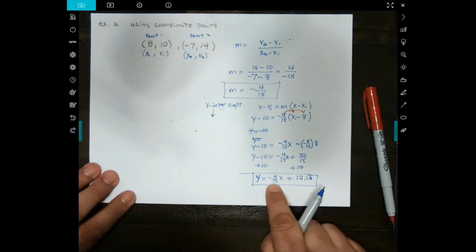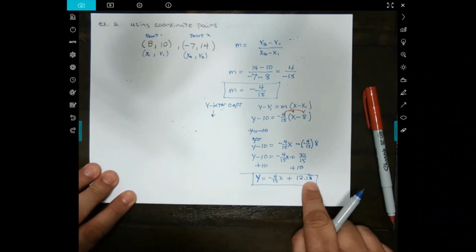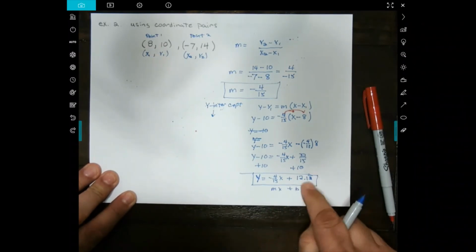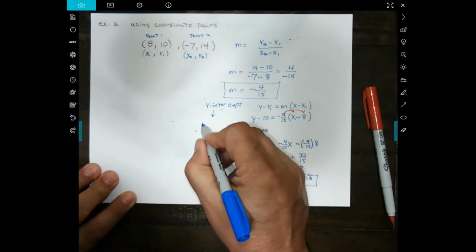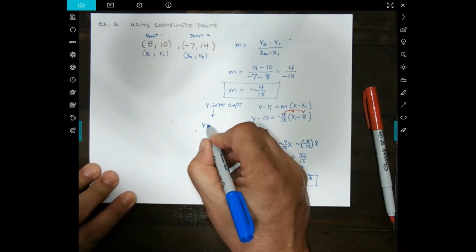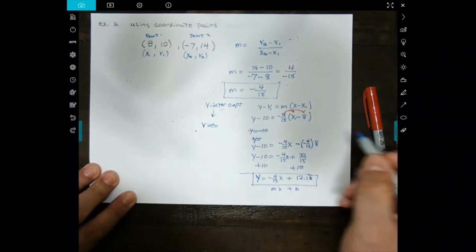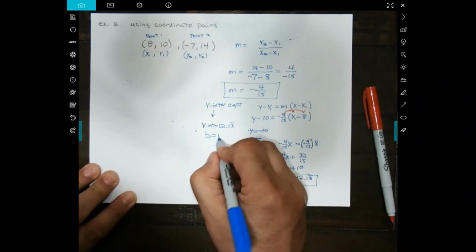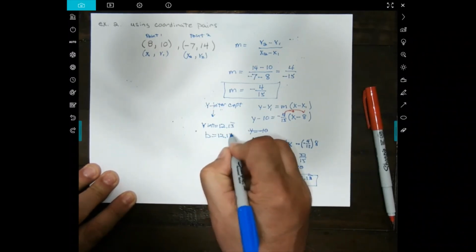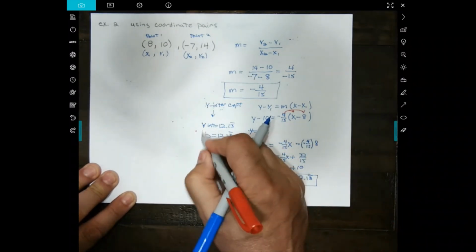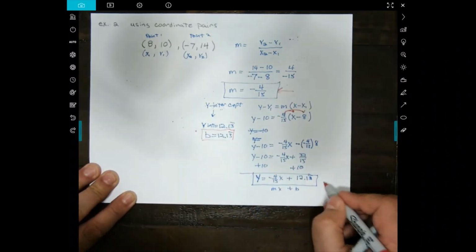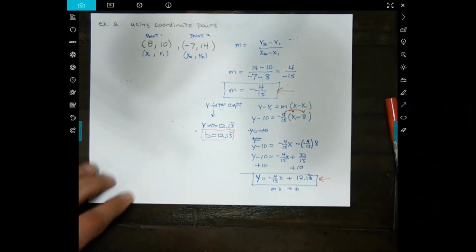So I know that this is my standard equation. This is m, x plus b. So I know my y-intercept equals 12.13, repeat, or b equals 12.13. Okay, so there's my y-intercept. Here's my slope, and here's my equation in standard form.